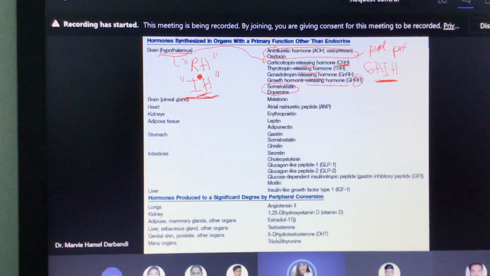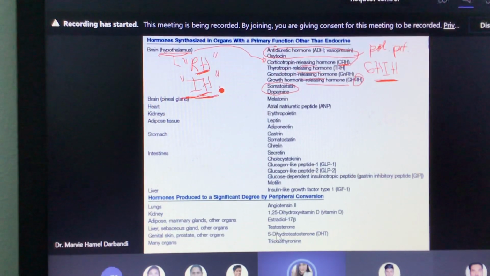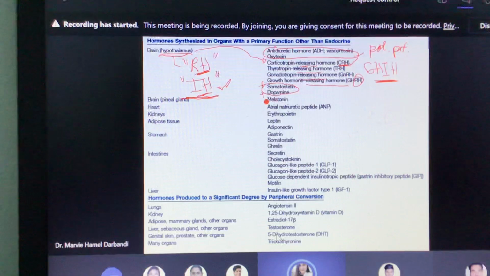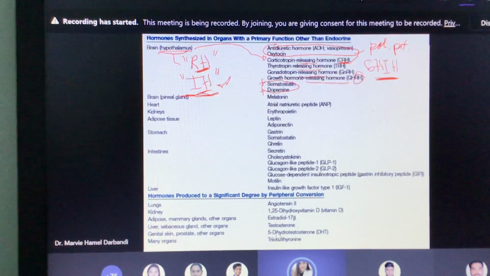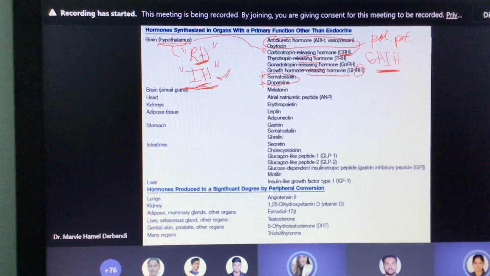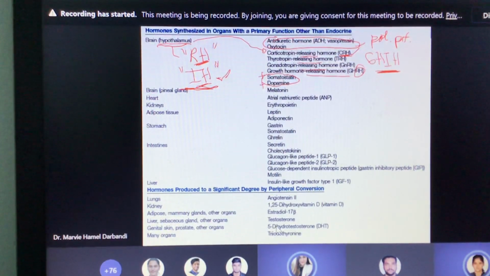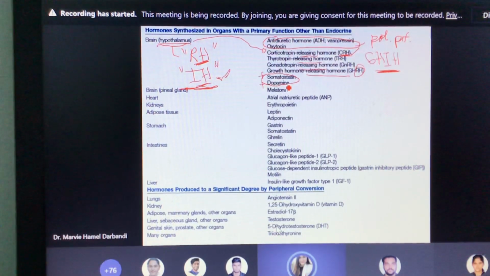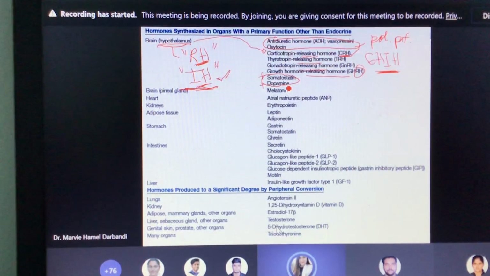Again, as long as you encounter releasing hormone in the abbreviation or in the full word, or inhibitory hormone, plus somatostatin and dopamine, these are coming from the hypothalamus.